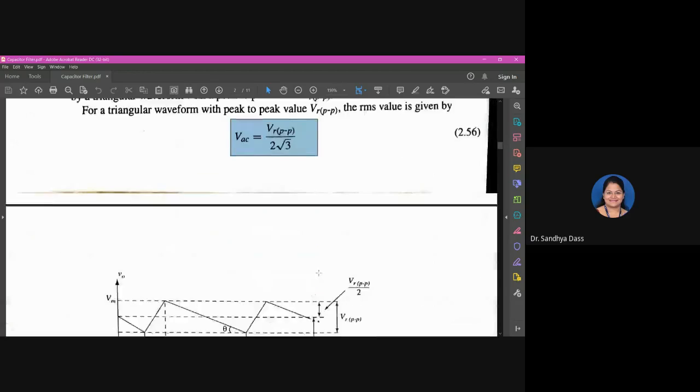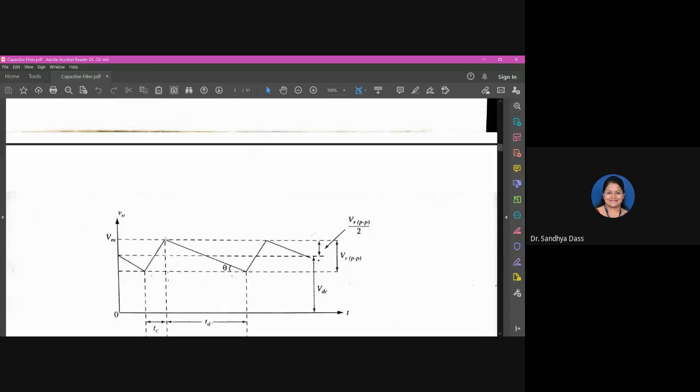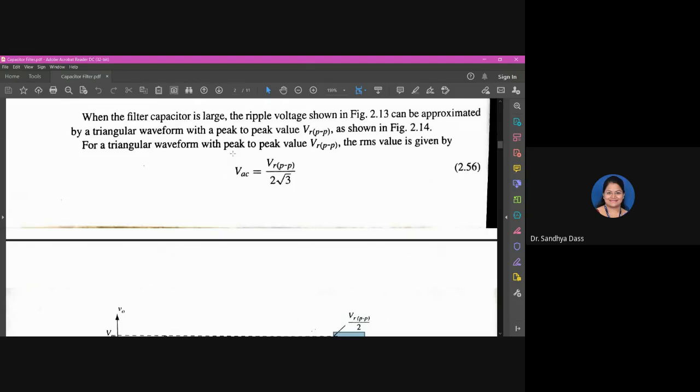This is your VRPP, the ripple from peak to peak. VR is the ripple voltage, and PP means peak to peak. So taking the charging and discharging of the capacitor to be a triangular waveform, the RMS value can be written as VRPP by 2√3.